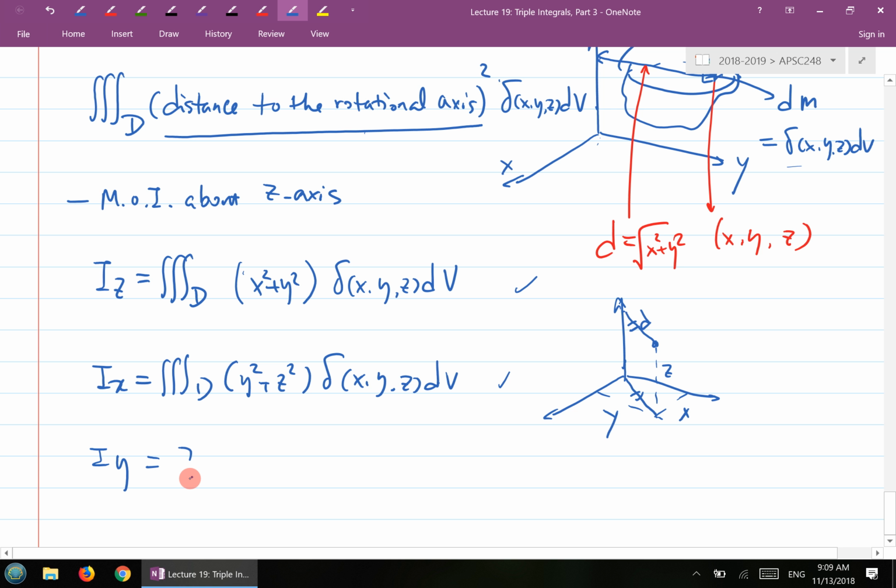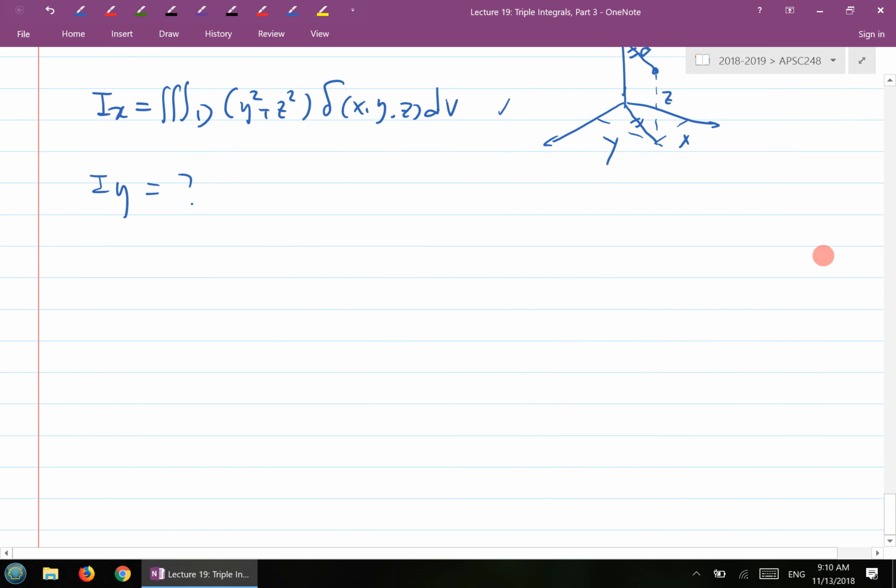I'll show you one example, then we can wrap up here. So let's take a look at an application example.